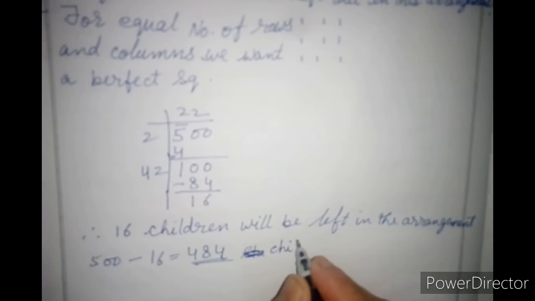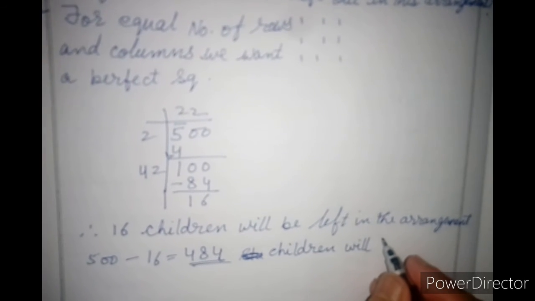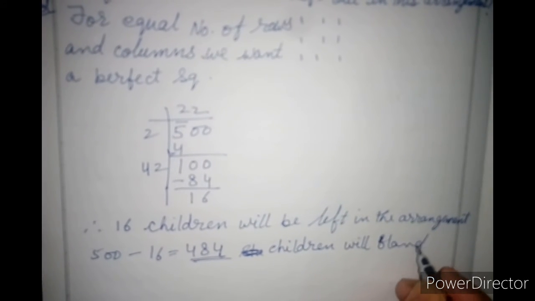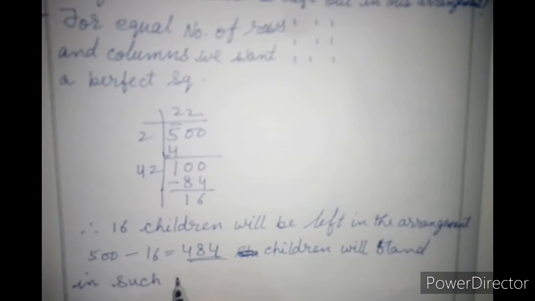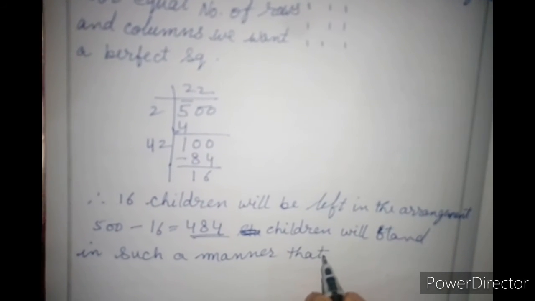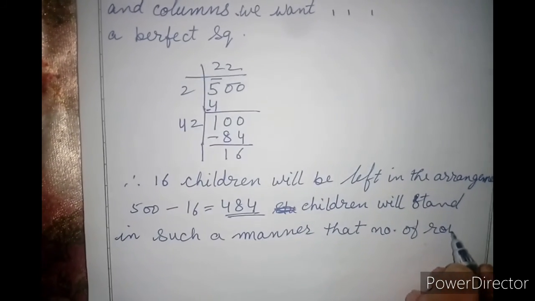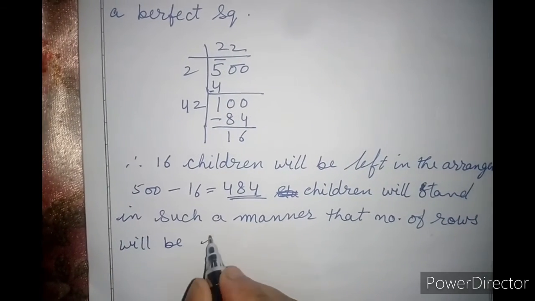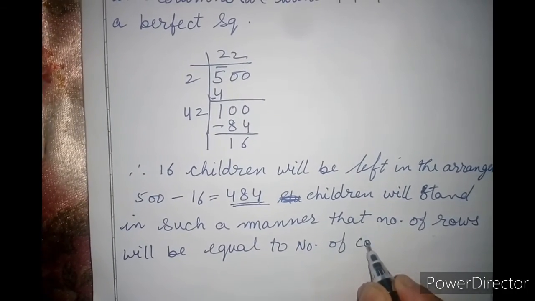You may write: children will stand in such a manner that the number of rows will be equal to the number of columns.